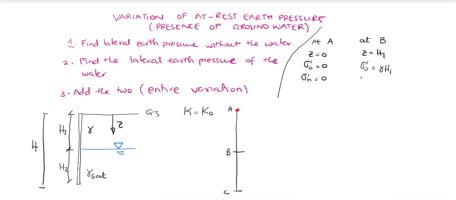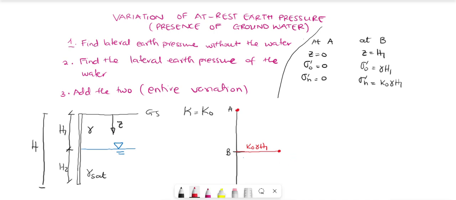And so our at-rest earth pressure or our lateral stress is going to be K naught gamma H1. So at this point, let me plot it. It is K naught gamma H1, right?